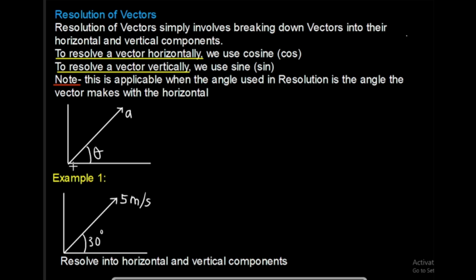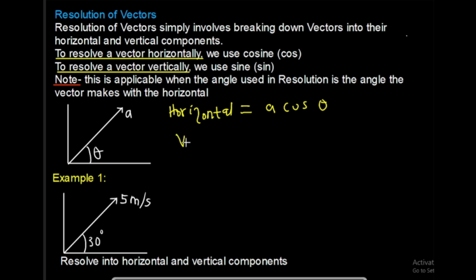Example here, we have vector A. If we want to resolve vector A into the horizontal component, we say the horizontal component of vector A equals A, the vector, times cos theta, which is the angle the vector makes with the horizontal. So that's the formula.